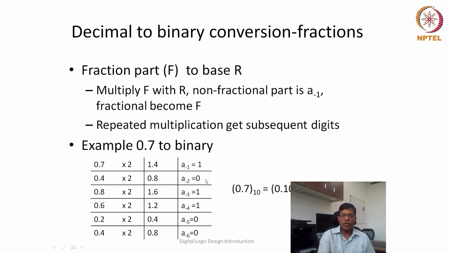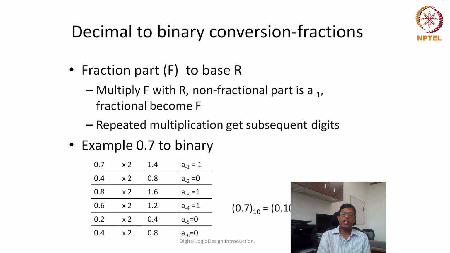So these four binary digits 0, 1, 1, 0 will keep on repeating. So we can also say this number is 0.10110, where 0110 will keep on repeating itself to infinity.